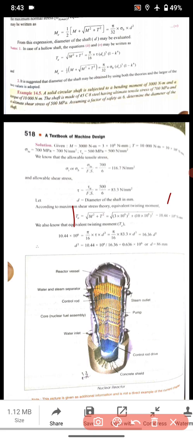We also know the twisting moment TE is equal to pi by 16 tau d cube. So from here, after equating, we find the diameter of the shaft on the basis of maximum shear stress theory, that is Guest and Tresca's theory, and the diameter is 86 millimeter.